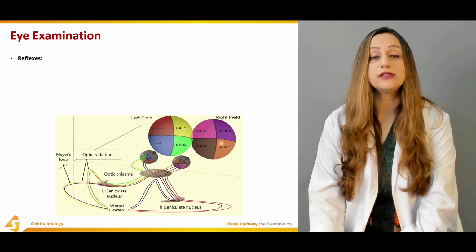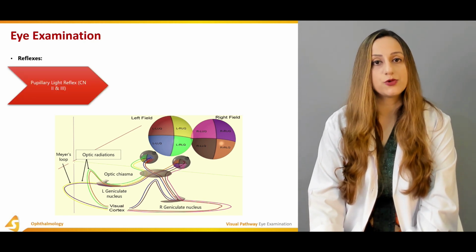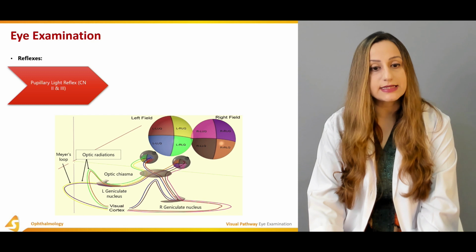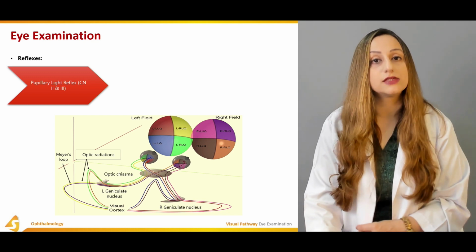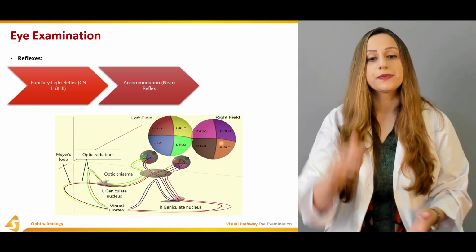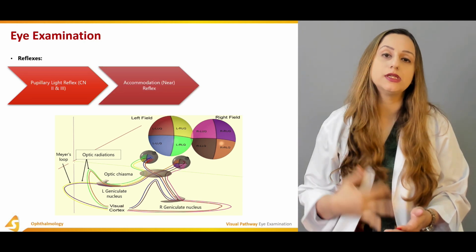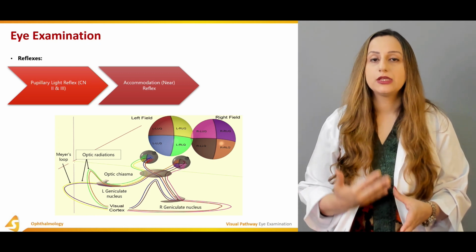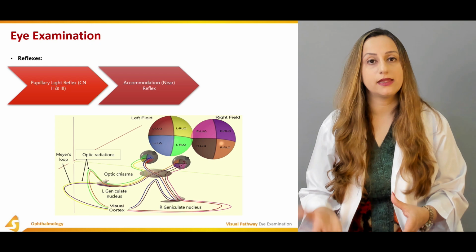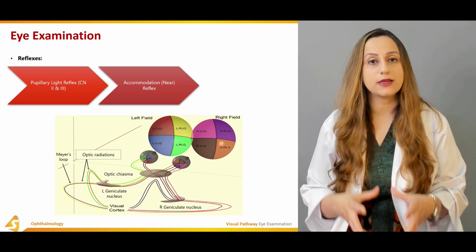The reflexes that are usually carried out are the pupillary light reflexes, which check the second and the third cranial nerve in this particular person. Then we have the accommodation near reflex, that is for the near vision. You ask the person to look distantly, and then you ask him to quickly look at something.